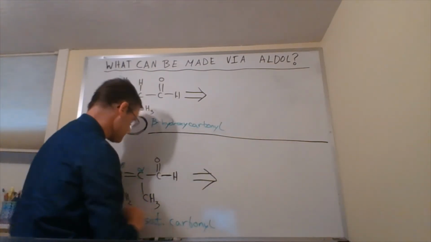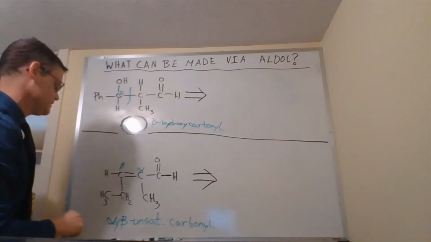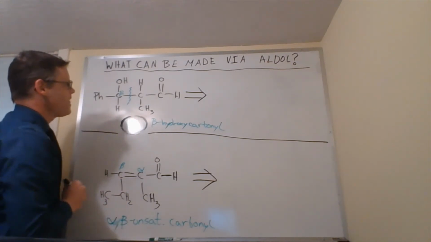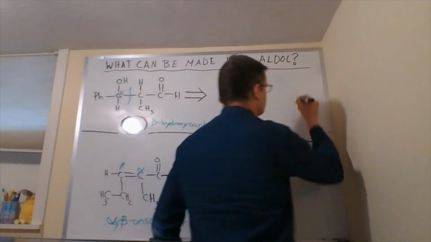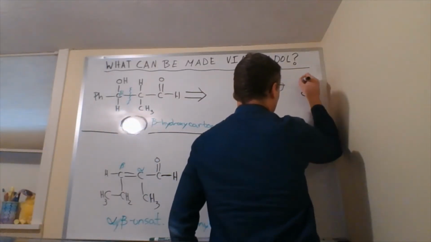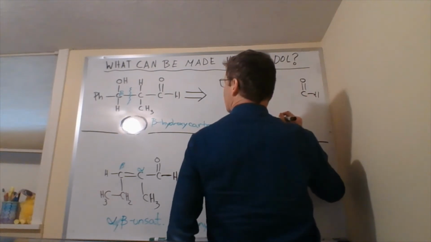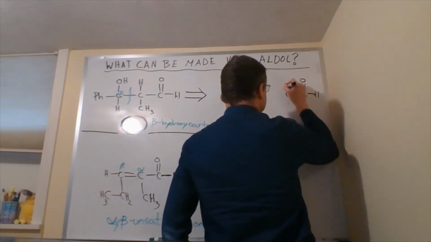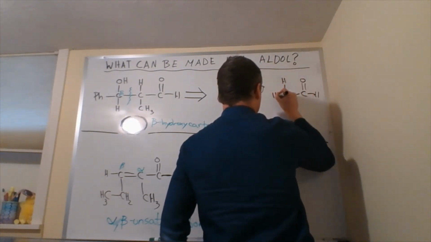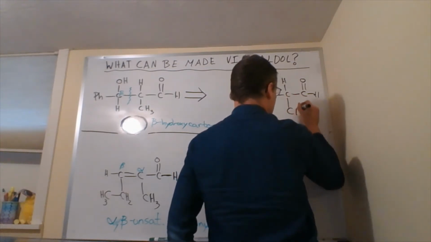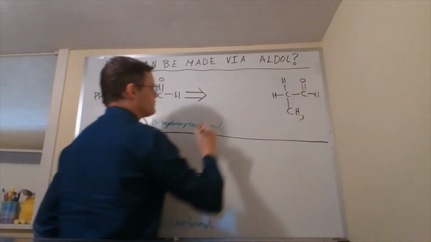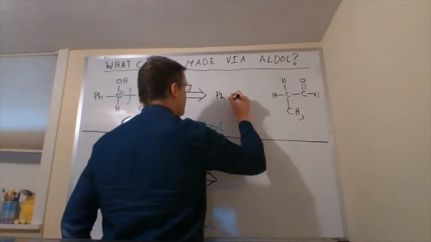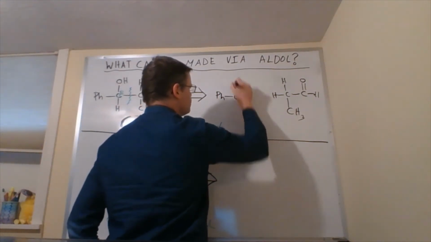Okay? So the beta hydroxycarbonyl would have come from this aldehyde and this aldehyde.